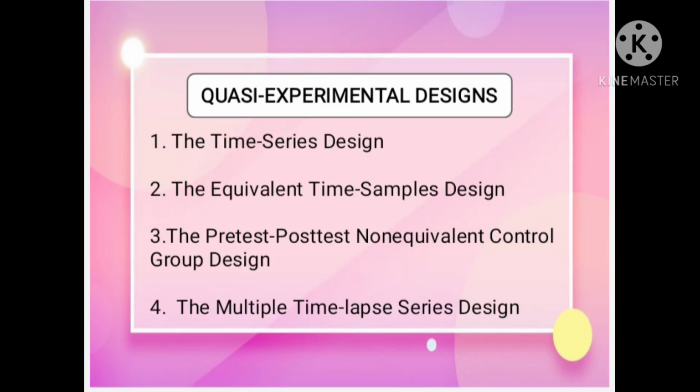Quasi-experimental designs include the following examples. First, we have the time series design. 2, we have the equivalent time samples design. 3, we have the pre-test post-test non-equivalent control group design. And 4, we have the multiple time series design.